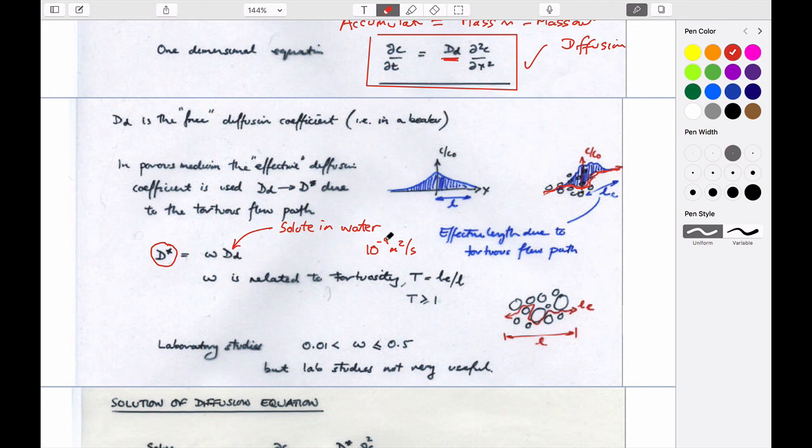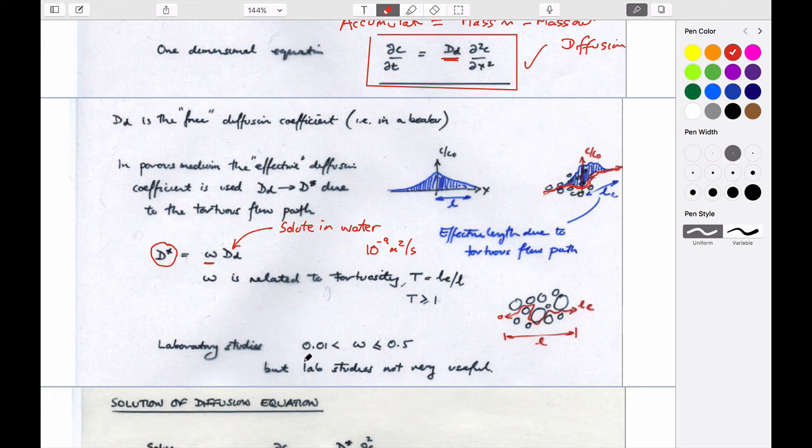If you look at how quickly it will spread in a porous medium, not in a beaker, then you have to add some correction factor. And this correction factor accounts for the fact that as it spreads, it's going through a tortuous flow path, and it can't go directly, as the crow flies, between where you put it and where it wants to spread out to. And so you'd expect this number to be smaller than 1 because it's impeding the flow.